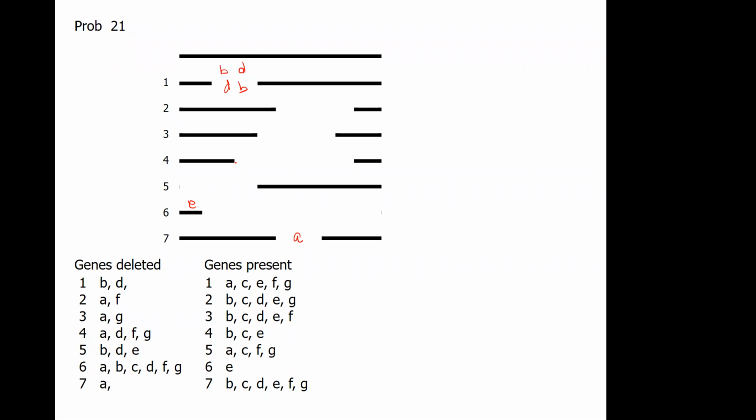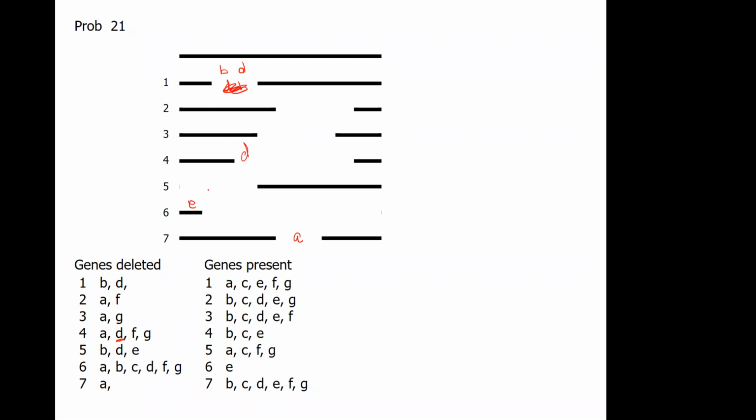So this one, 4, is missing some of that. Let's look at 4. 4 is only missing D. I mean, it's missing other things, but we're just caring about those 2. So which end is missing? This end. And which gene is missing? D. So D must be here.